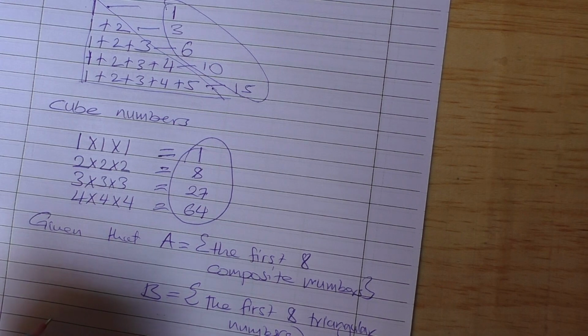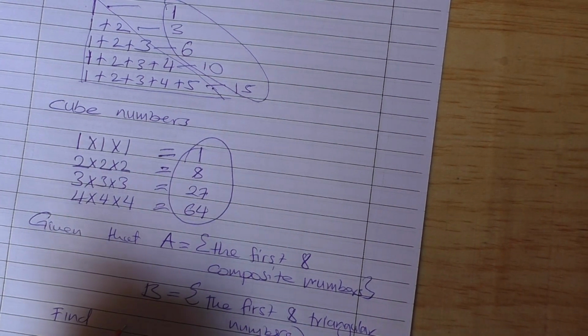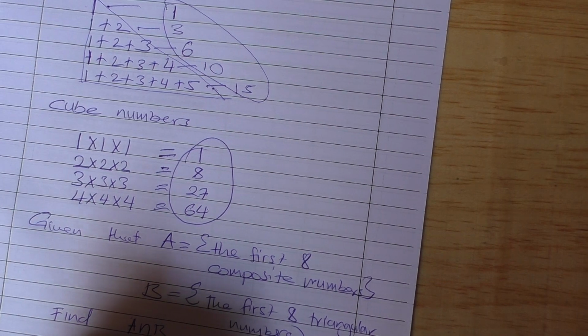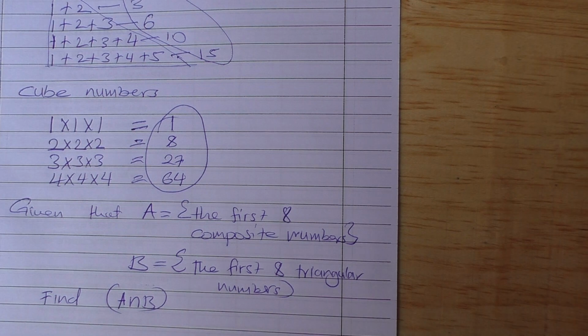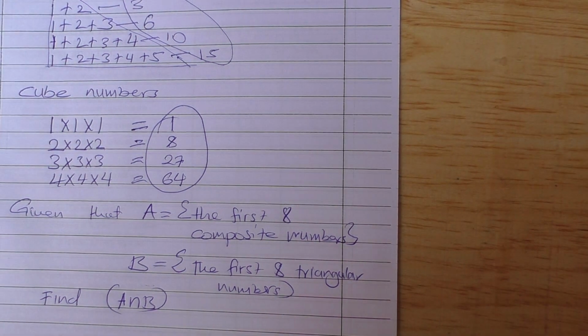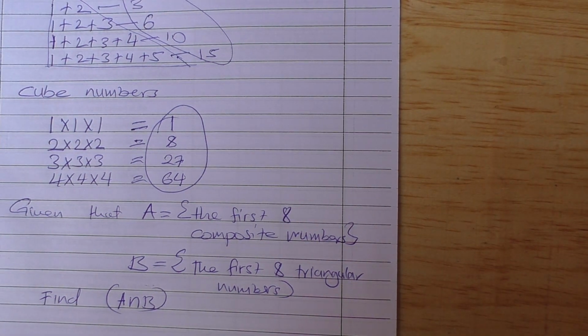And the question is, find A intersection B. So, for you to solve such a question, you must know what composite numbers are and what triangular numbers are. That's how we apply the knowledge of knowing the types of numbers.